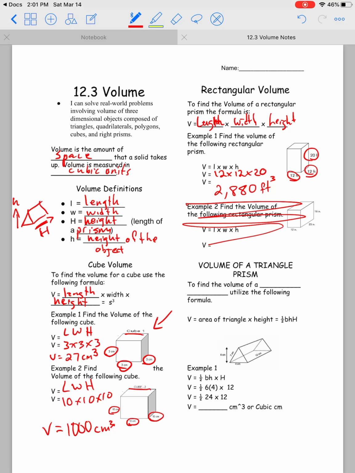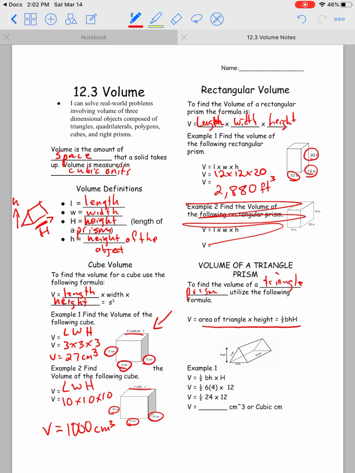Okay? Now, the volume of a triangle prism is fairly straightforward. Here's your formula: the area of a triangle times the height. So remember that the area of a regular triangle is 1/2 base times height.